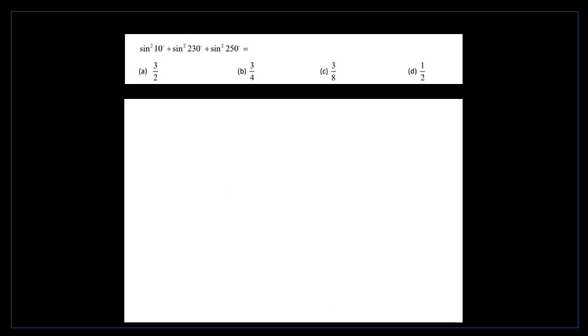Next we take another sum: sin square 10 degree plus sin square 230 degree plus sin square 250 degree. Now here we can express this in the form sin square 10 degree plus sin square of 240 degree minus 10 degree plus sin square of 240 degree plus 10 degree.